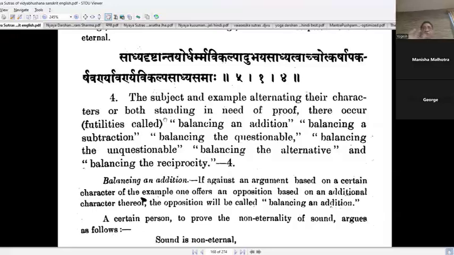These are the five kinds of fallacies: balancing an addition, balancing a subtraction. So balancing an addition, utkarsha sama; balancing a subtraction, apakarsha sama; balancing the questionable, varnya sama; balancing the unquestionable, avarnya sama; and balancing the alternative, and balancing the reciprocity.